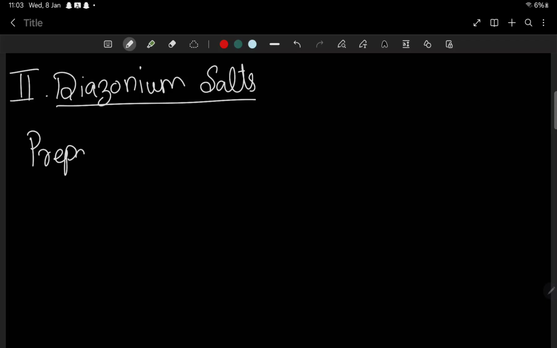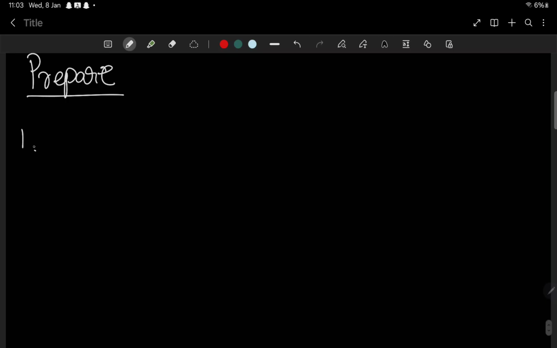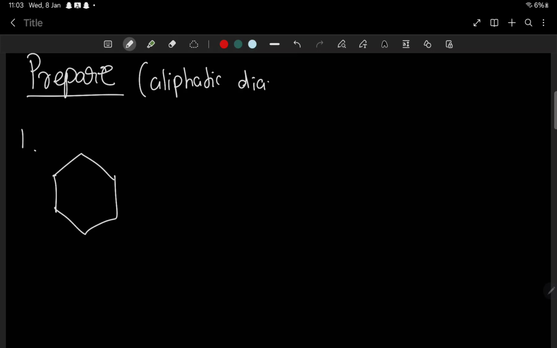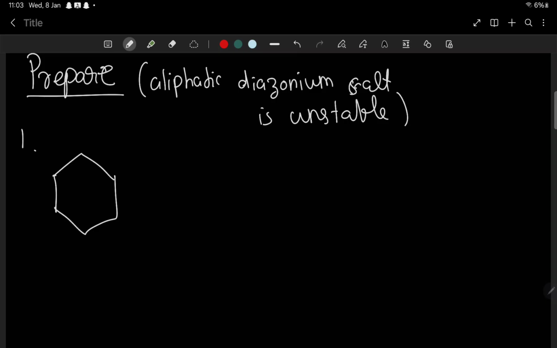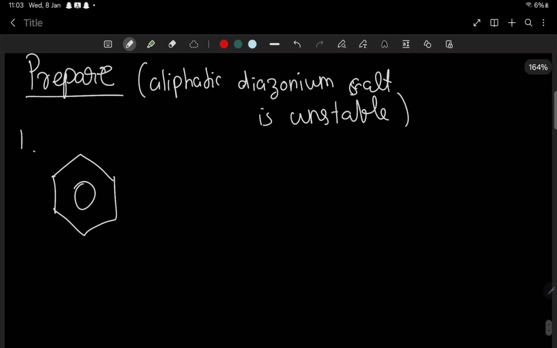You know how to prepare, we have learned it in the above reaction. Look, I will tell you something. Aliphatic diazonium salt is unstable. It quickly hydrolyzes to alcohol. So we are only going to learn about aromatic or benzene diazonium salt here.